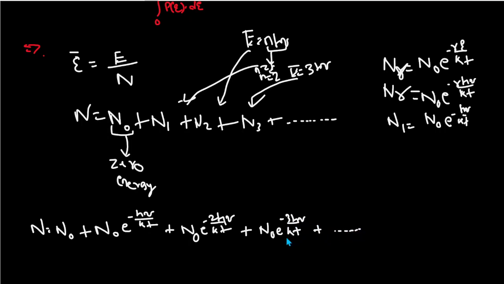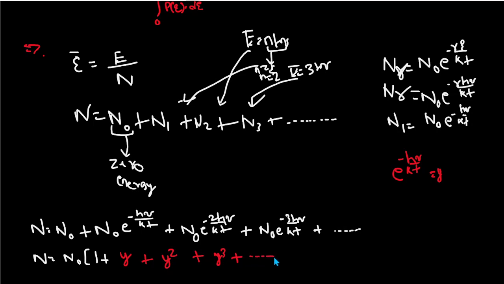If I take n naught common, this becomes 1 plus, and as an assumption, let e to the power negative h mu divided by kt equal y. Then this is y, this quantity is y square, this is y cube, and so on.